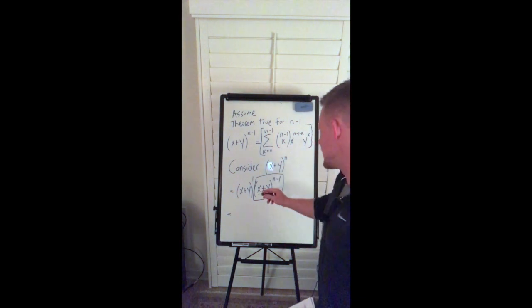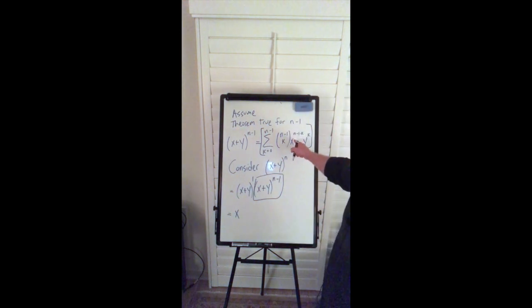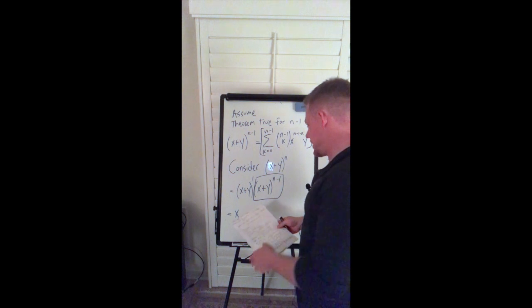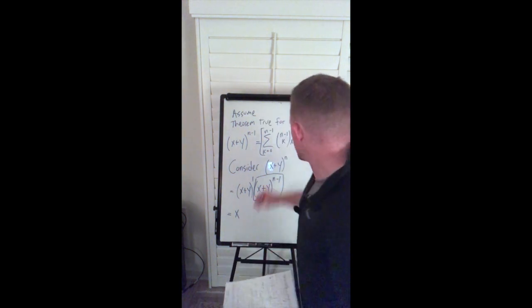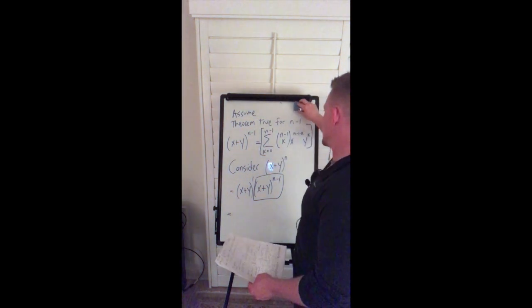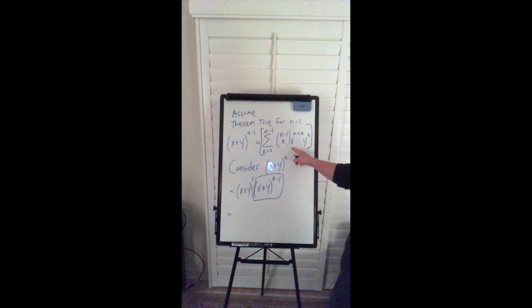So this is equal to x times this whole summation. If we multiply x by a summation, x gets multiplied by every term in here.